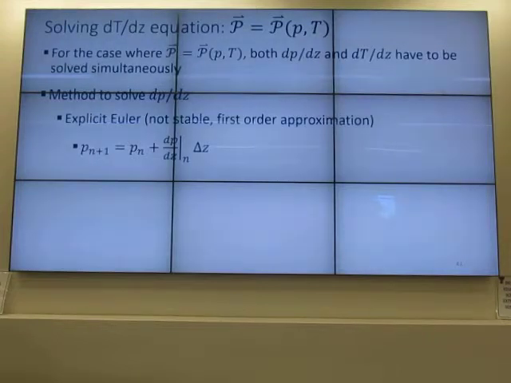RK4 and RK45 are explicit schemes. We don't talk about that now. We will talk about that later in the numerical methods class. But just so you know, explicit Euler does not always work, but it's easy. We use the slope at the current point to get the value of the next point.